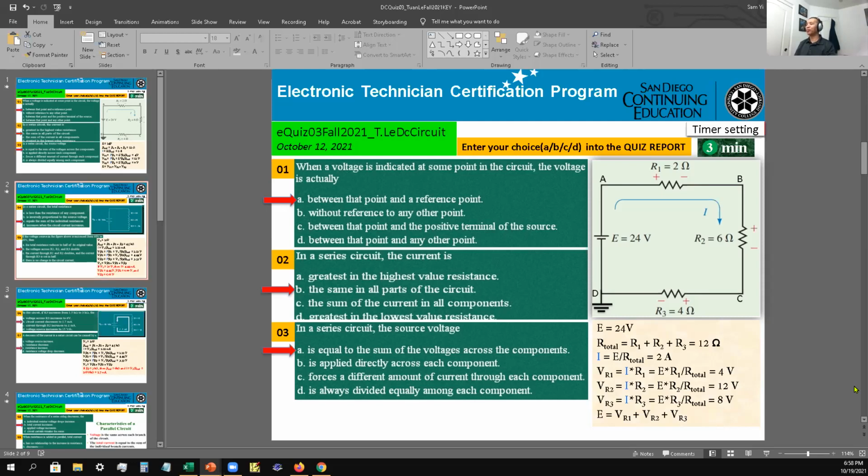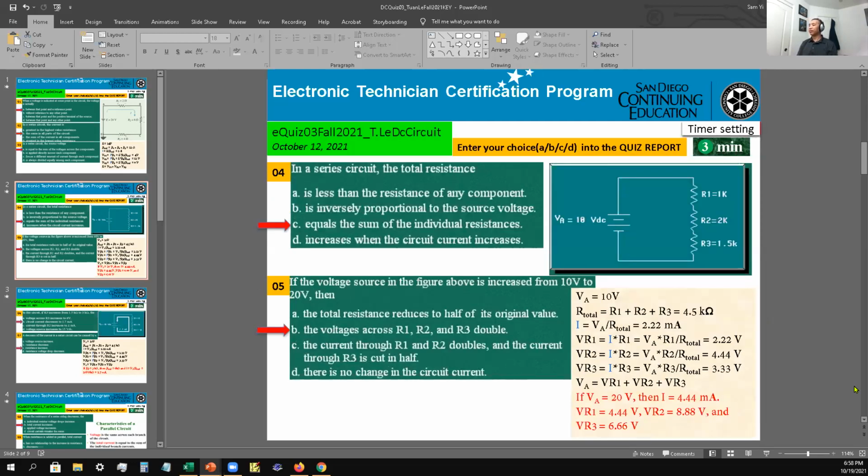Next set. Number 4, the answer is C. Number 5 is B. Any question on number 4 or 5? No question. Next set.